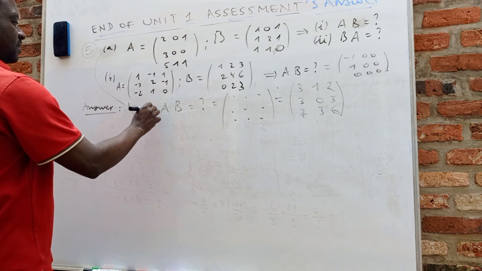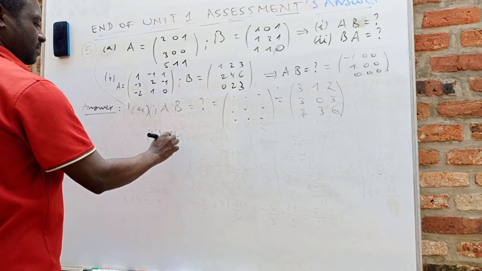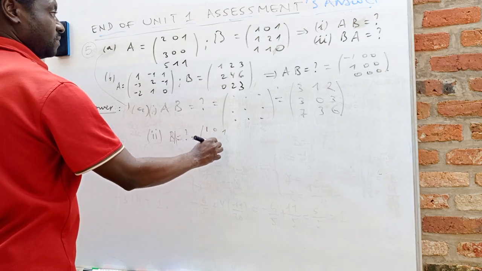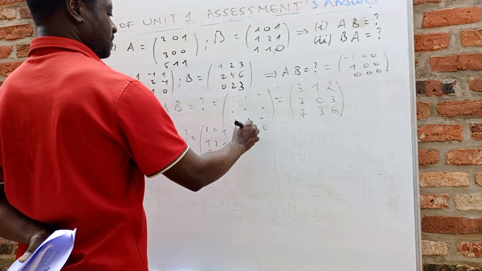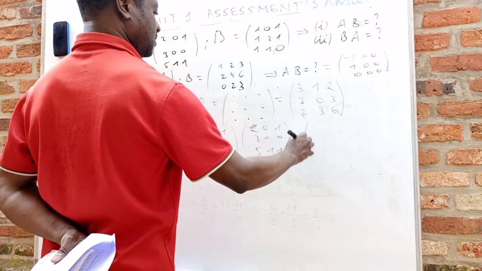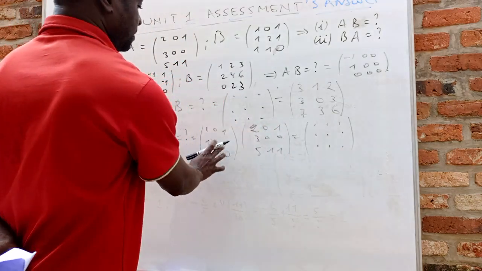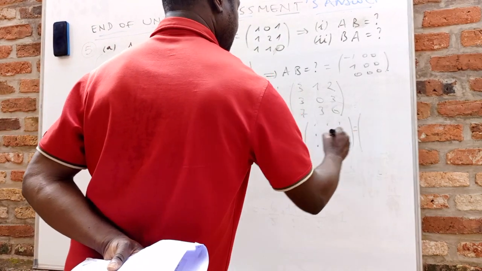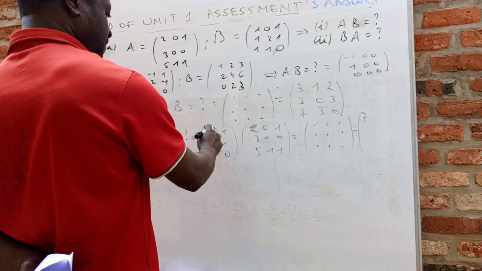Now, B times A is equal to 1, 0, 1, 1, 2, 1, 1, 1, 0 times 2, 0, 2, 0, 1, 3, 0, 0, 5, 1, 1. So what is it? It is a 3 by 3 matrix, because a 3 by 3 times a 3 by 3 matrix is also a 3 by 3 matrix. And then let us look at how we find the result. This is 7, 2 times 5, 1.